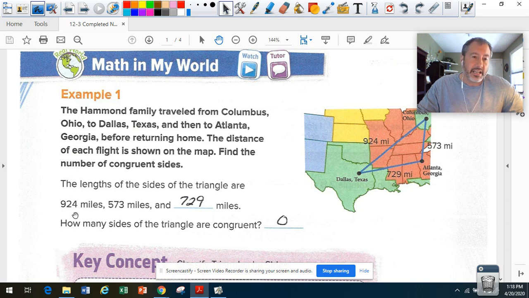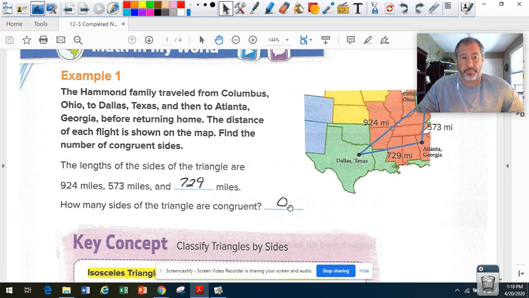It says, how many sides of the triangle are congruent? Remember, when we talk about congruent, we're talking about equals. Do any of these sides equal each other? Are they the same lengths? The answer is no. Each one of these lengths is different, so 0 of the sides are congruent.